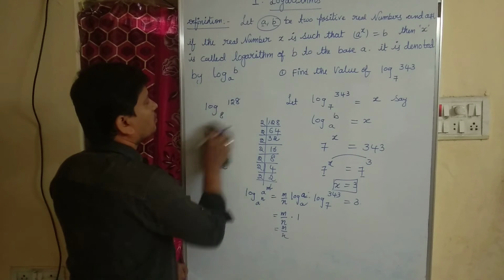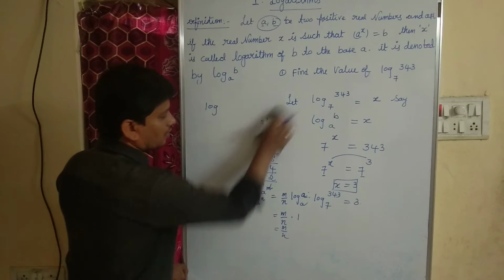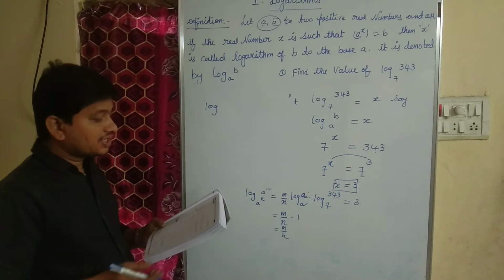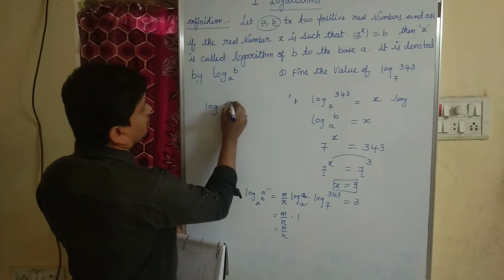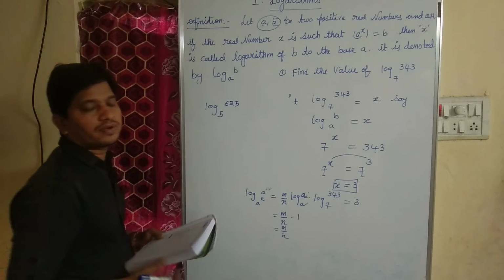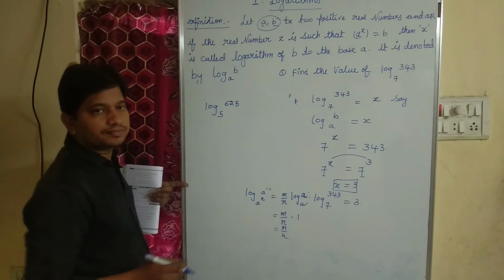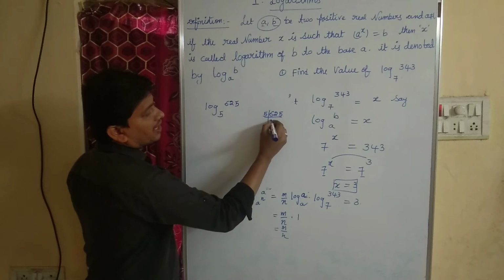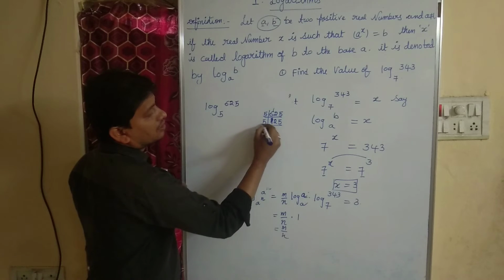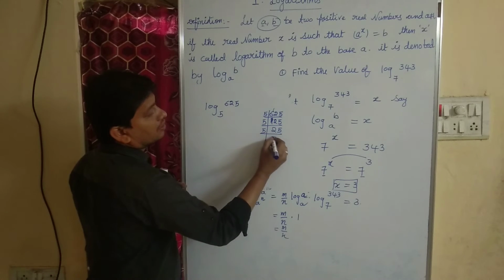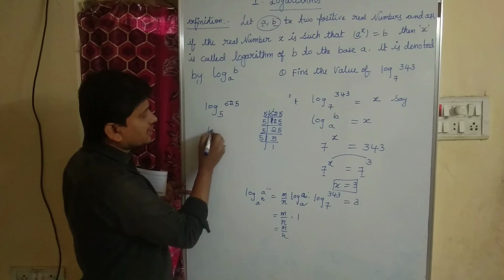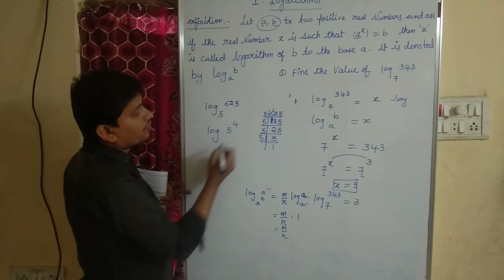Okay. Let me explain one more problem: log 625 to the base 25. How can I write 625? By repeated division by 5, I can write 625 as 5 to the power 4.